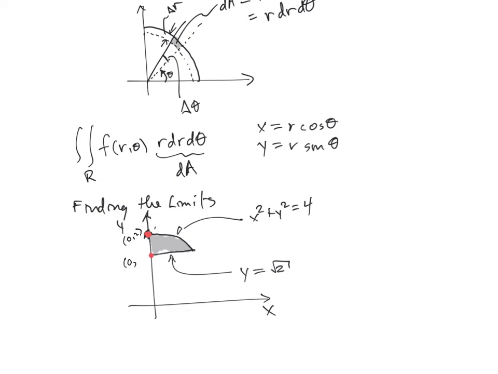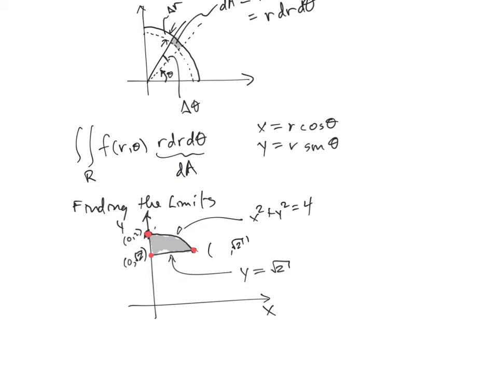What's this point down here? Root 2, right? Okay, what about this point over here? What are its coordinates? Well, the y coordinate is easy. It's root 2.